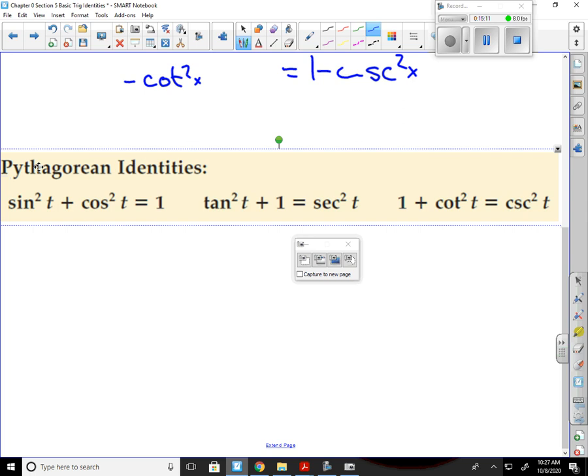This is the first way, with the assumption that you can figure out that there's two other ways to write it. One would be to solve for sine squared of t, so get that by itself. That means it's going to be 1 minus the cosine squared of t. The other way would be to solve for cosine squared of t, which means I have 1 minus sine squared of t.